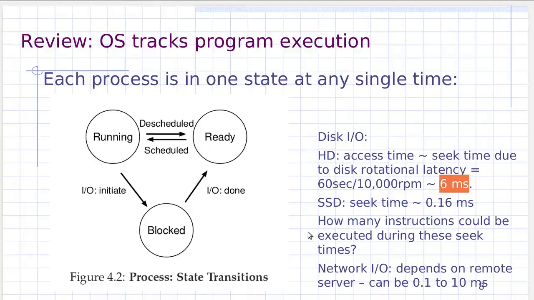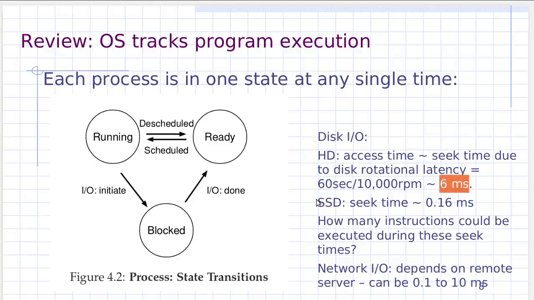How many instructions could you execute during these seek times? Take the clock rate of a CPU and figure out how much time each clock cycle takes. That's roughly how many instructions you can execute. You can execute 1 instruction per clock cycle. That's not strictly true, but it's a good assumption. And then you'll see that you can execute on the order of millions of instructions during the seek time.